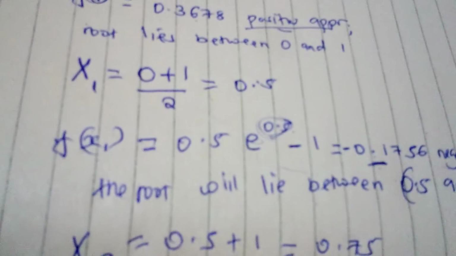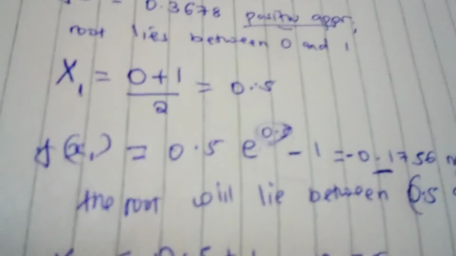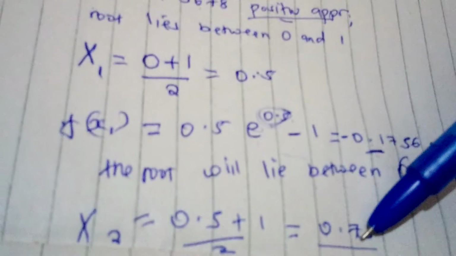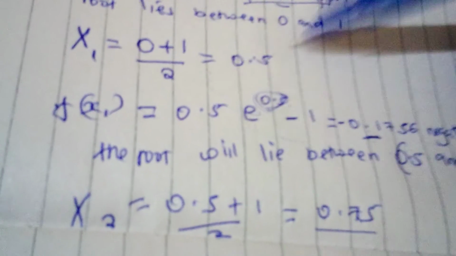So from our solutions, we had x2 as 0.75, this is our x2 here, and our x1 was 0.5.